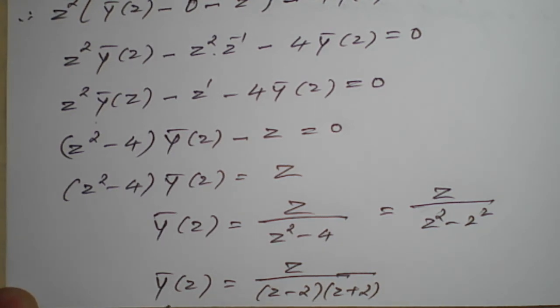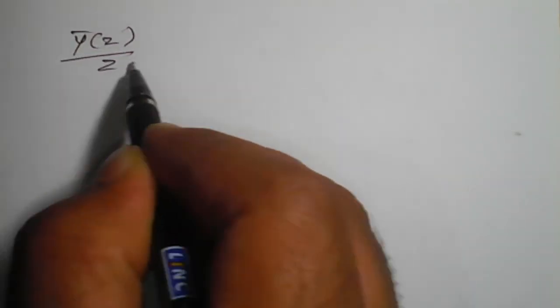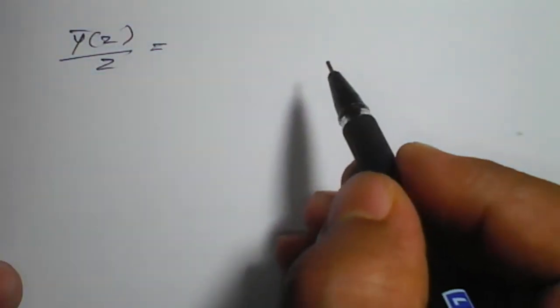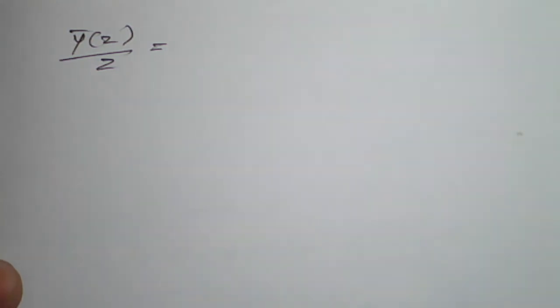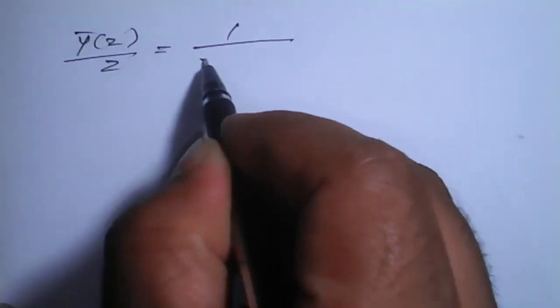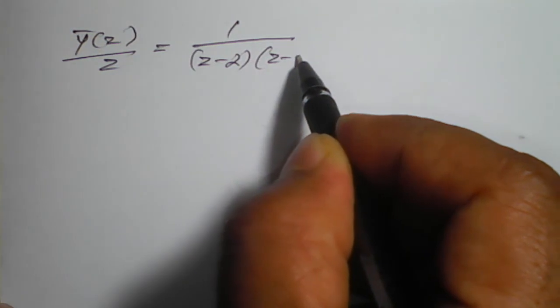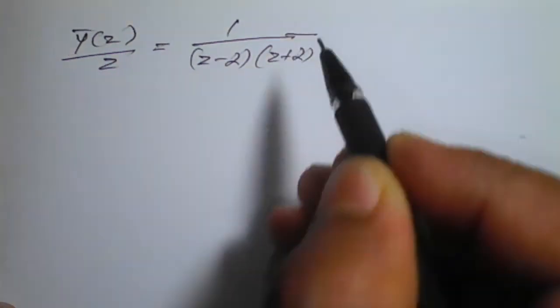So if you cross multiply to the left hand side, it will become a denominator. So that step is y dash of z divided by z is equal to 1 divided by (z minus 2) into (z plus 2).